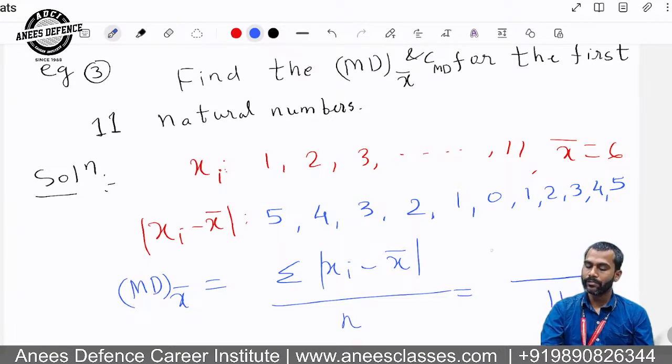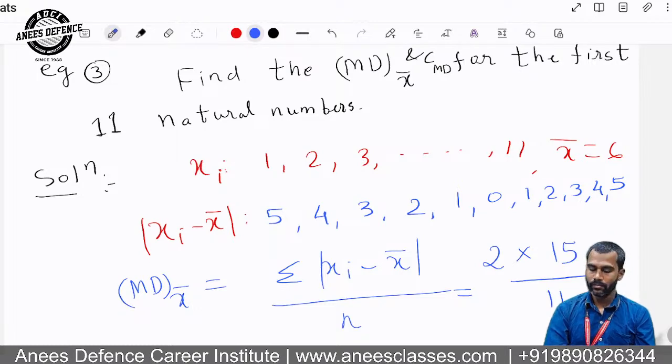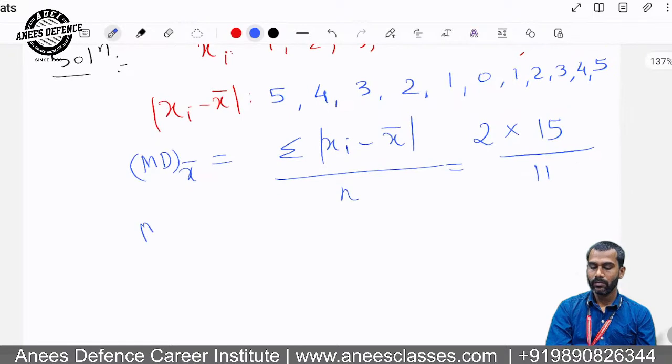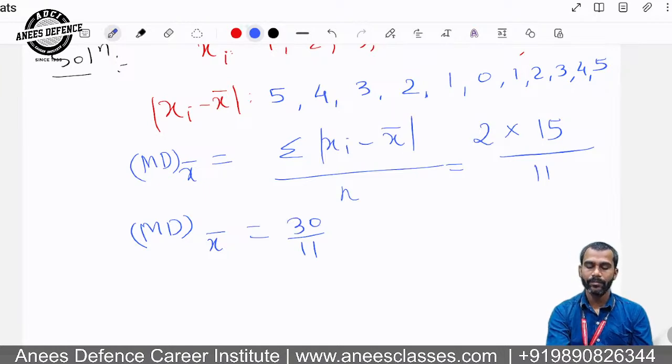So 2 times, if you add all of them, 9, 12, 15, right? So 30 by 11 is the answer. So mean deviation about mean is 30 by 11. This is the final answer. I hope it is clear.